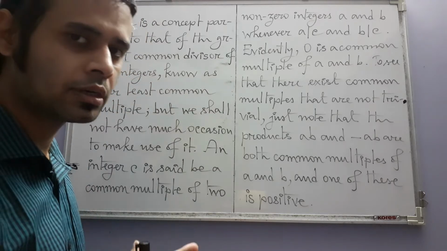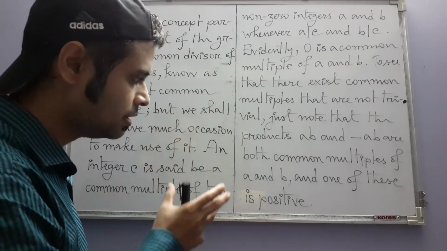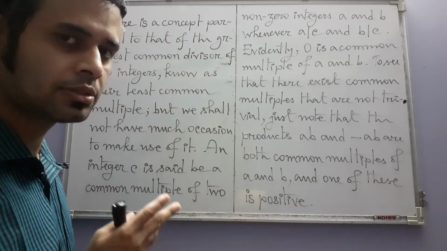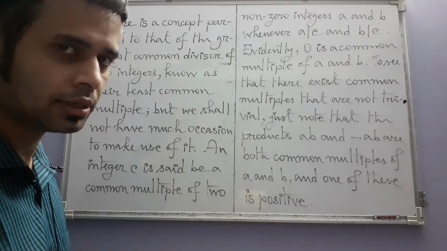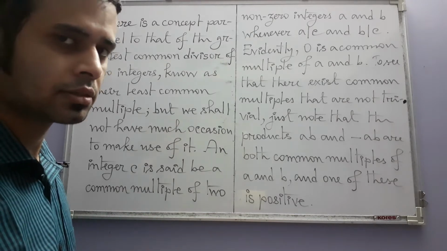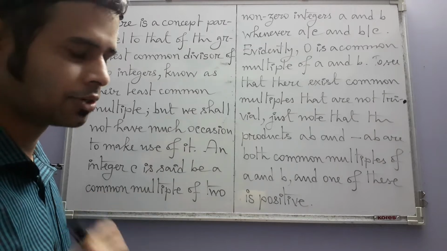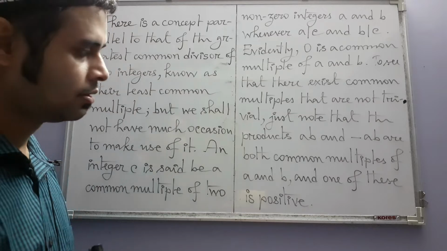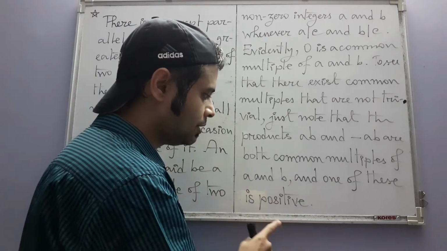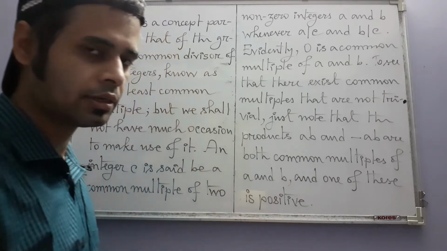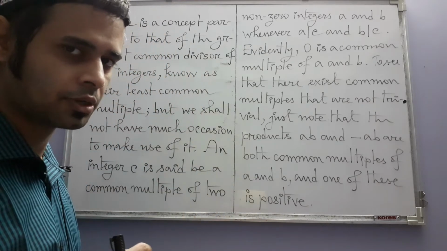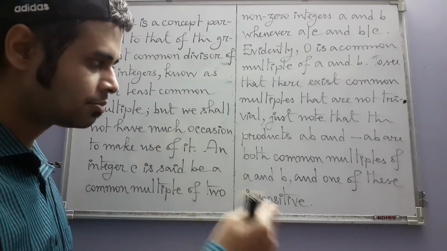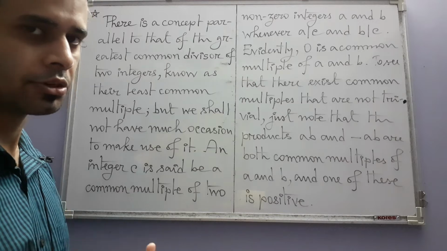And because we are talking about integers, this set of positive common multiples of A and B is a non-empty subset of the set of positive integers, or in other words, natural numbers, if you do not include 0 among them. So you can use the well ordering principle here, and by the well ordering principle there would be a smallest such integer, which is a positive common multiple of A and B, and that will be the least common multiple, because among the positive common multiples it is the least, so least common multiple.